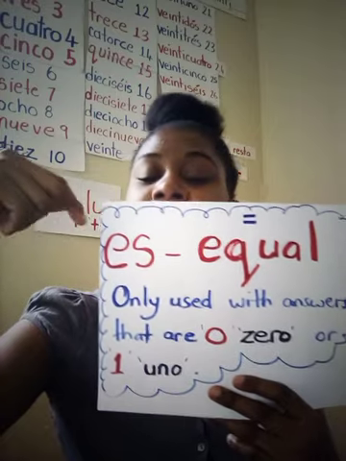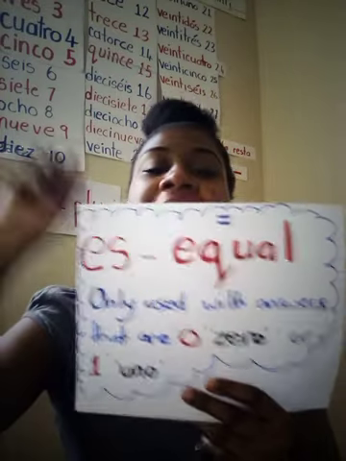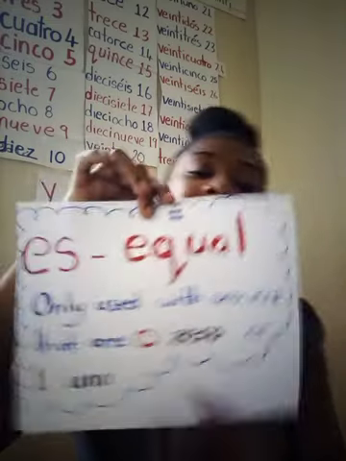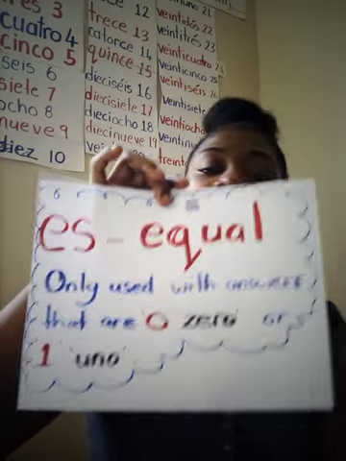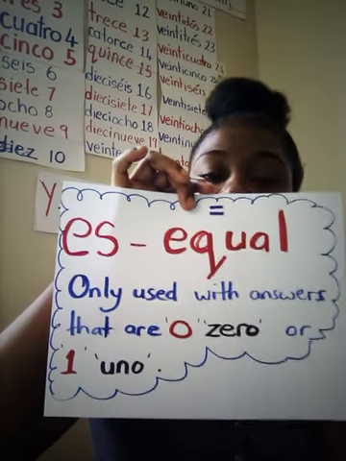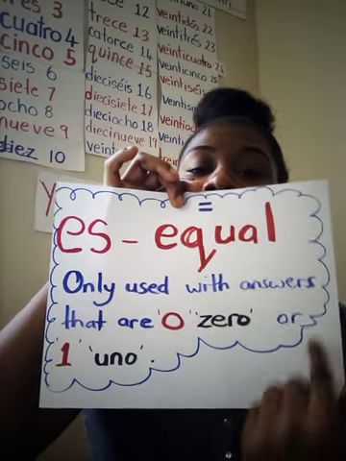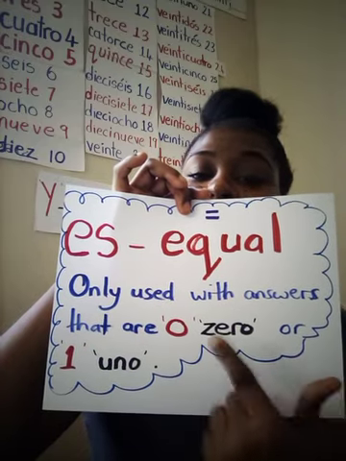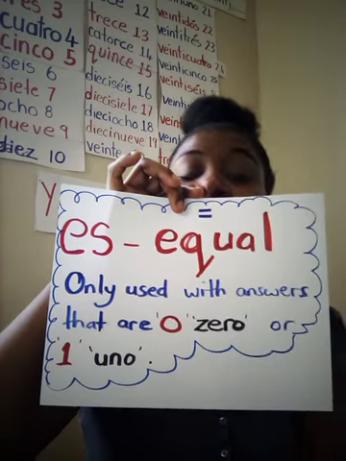However, you're going to use es now for equal. Es means equal if the answer is the number 1 or if it is less than 1, meaning that if your answer gives you 1 or 0, then you're going to use the word es for equal. So we only use es for equal when the answer that we get is 0, which is cero, C-E-R-O, or if it is 1, which is uno.